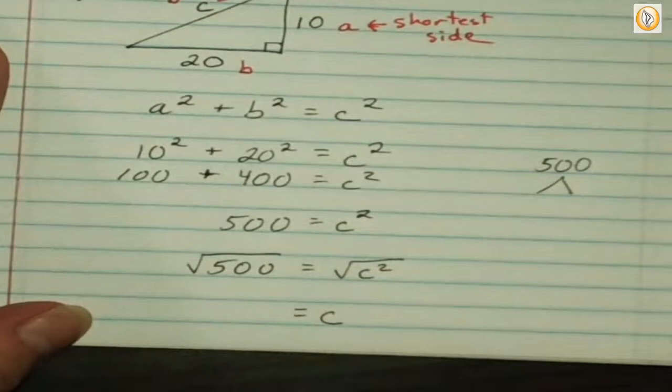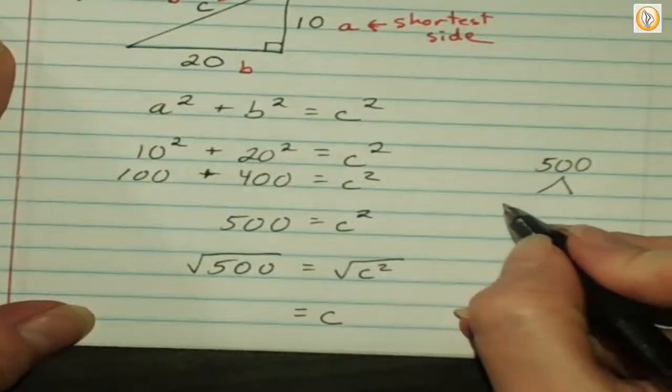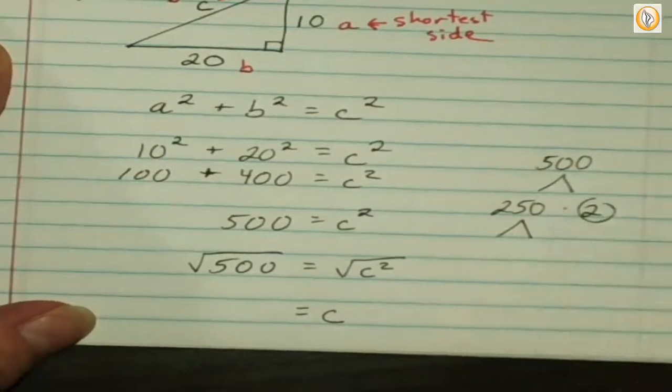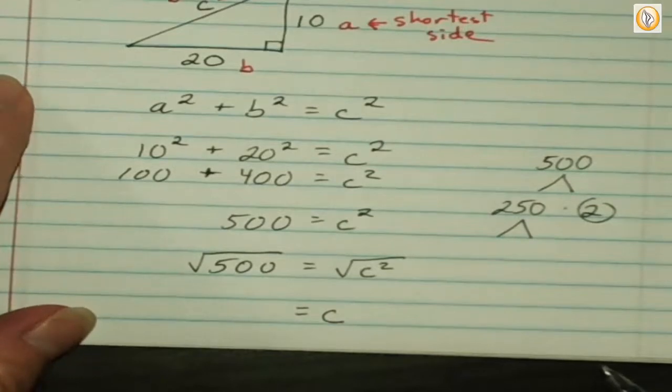So Michael, what two numbers give me 500? 250 times 2. What two numbers give me 250? 25 times... I mean, no, 25 times 10. No, that would be 2,500. He said 25 times 10, and then he second guessed himself.